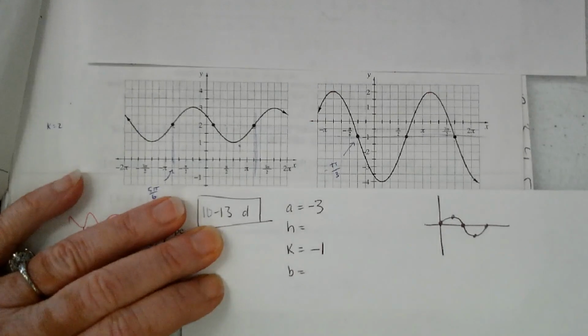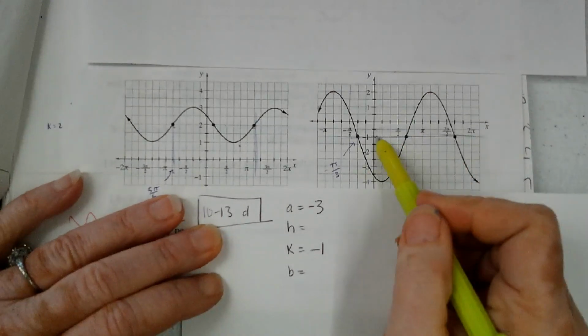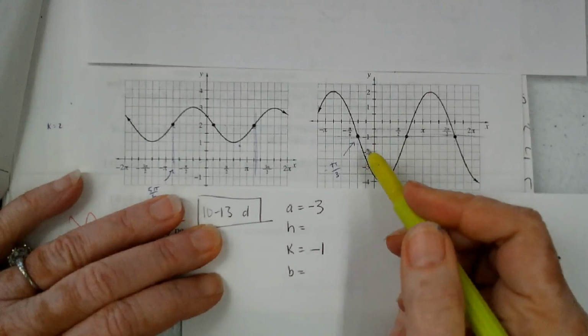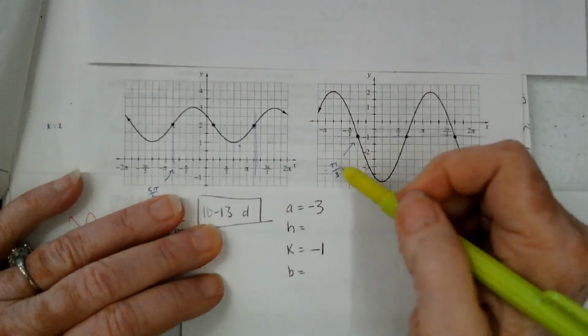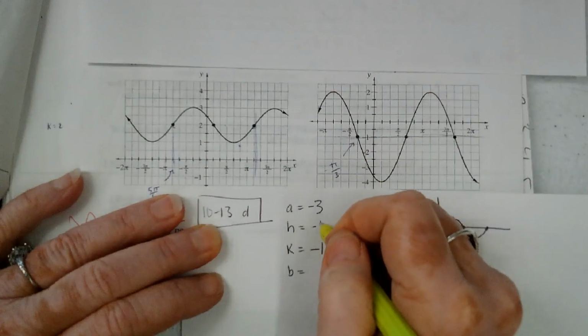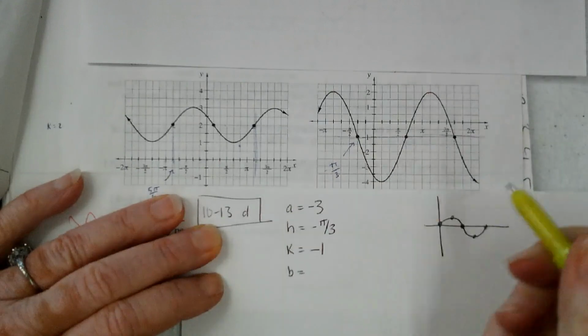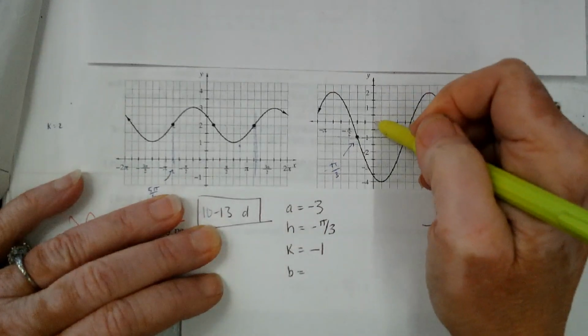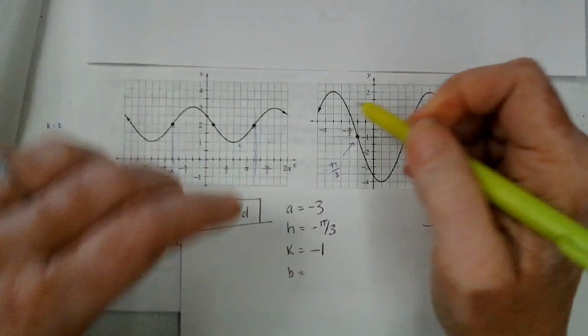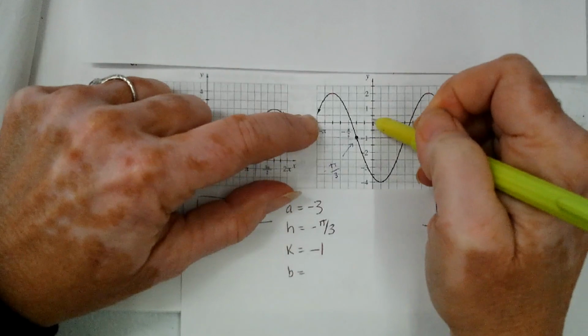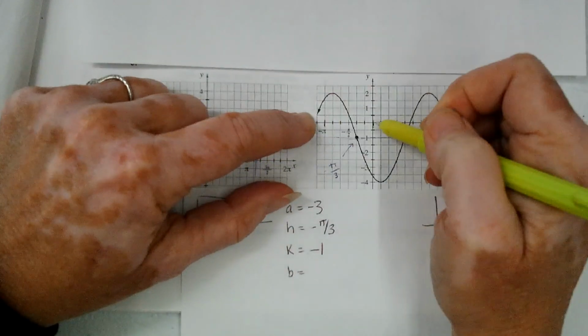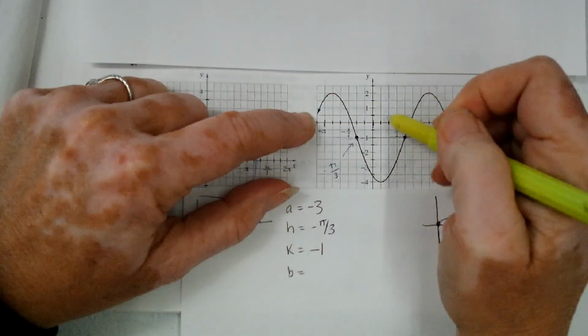And then H, the horizontal shift. It looks like it got shifted left, and I figured out that this was pi over 3, and I'll show you how I did that. I counted between 0 and pi. I wanted to see what they were counting by.